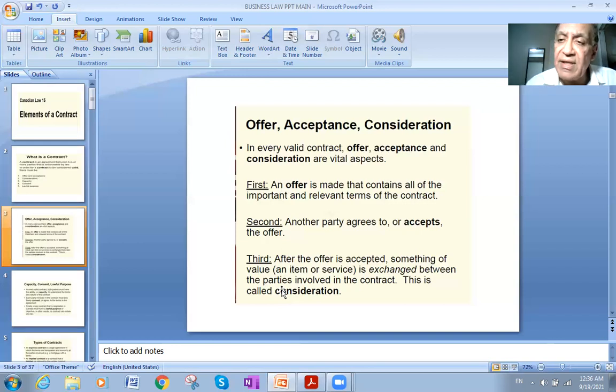That is the goods or the services. We call it consideration. So consideration refers to the goods or services.